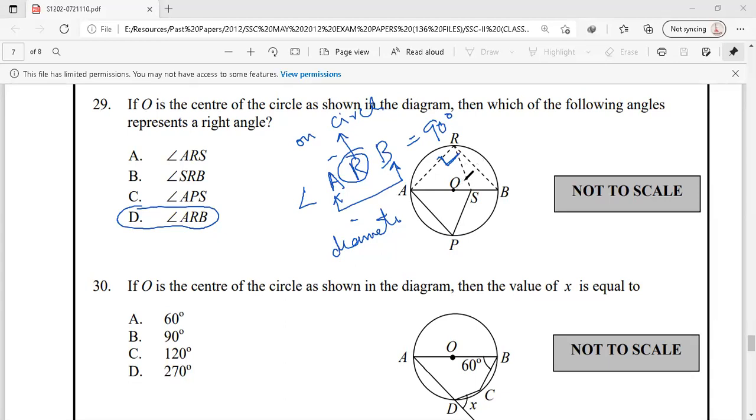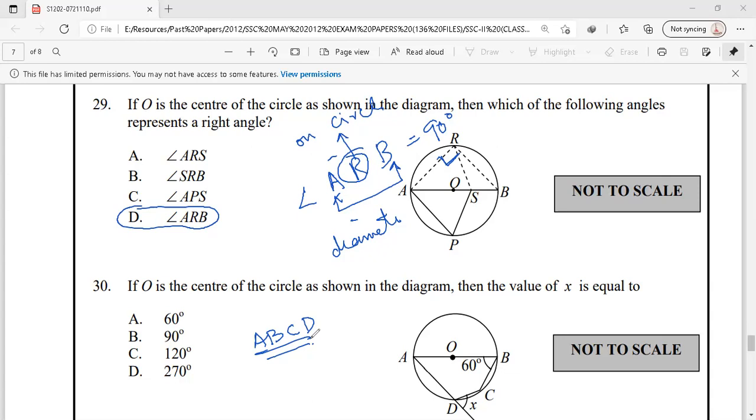Then let's see the last question of this paper. We have a circle with center O and we have to find the value of x. In this diagram, we have a quadrilateral ABCD, and all its vertices lie on the circle. So this is a cyclic quadrilateral, and in a cyclic quadrilateral, the opposite angles are always supplementary.